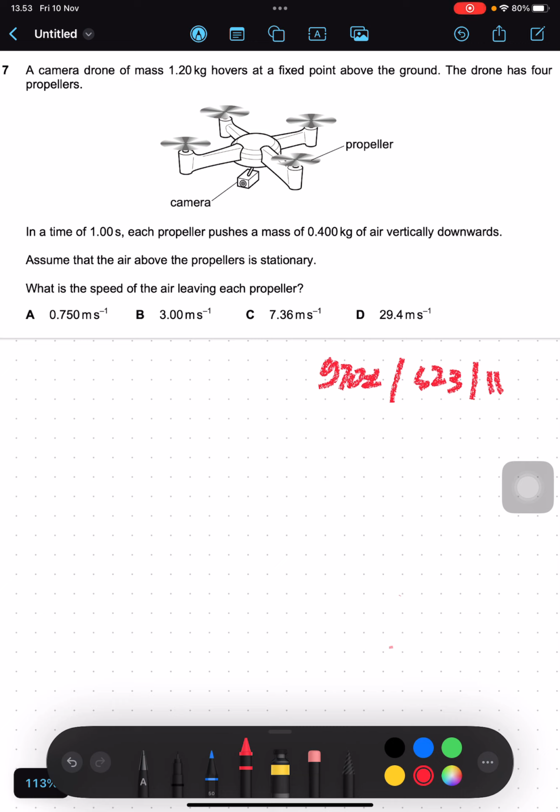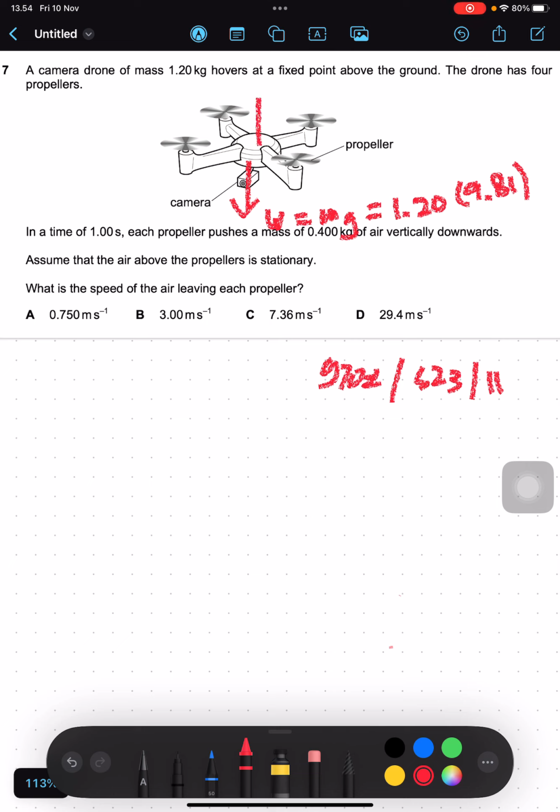Okay, now we have the weight of this drone as W equals mg, or 1.20 times gravitational acceleration 9.81.